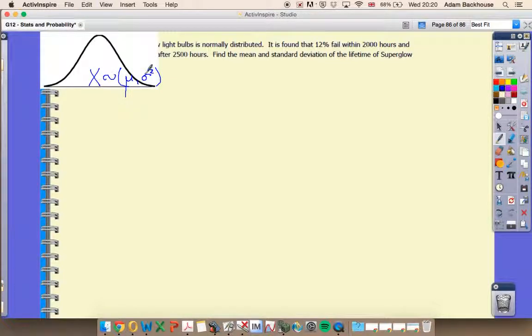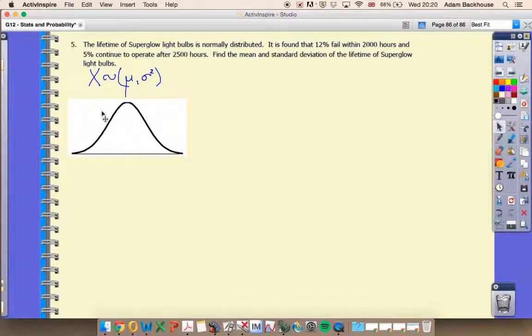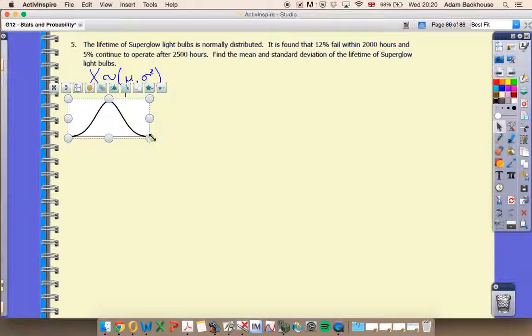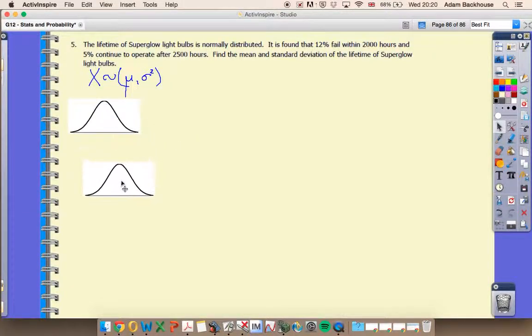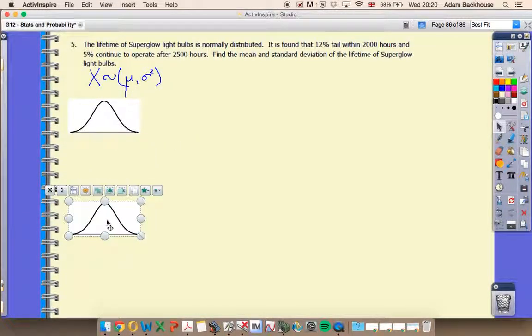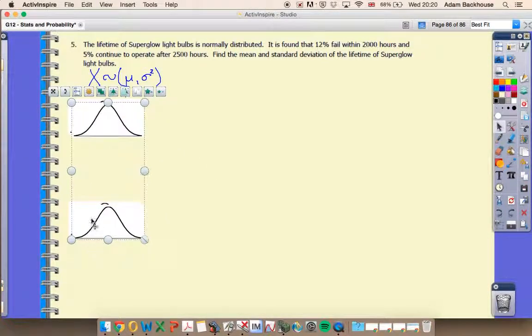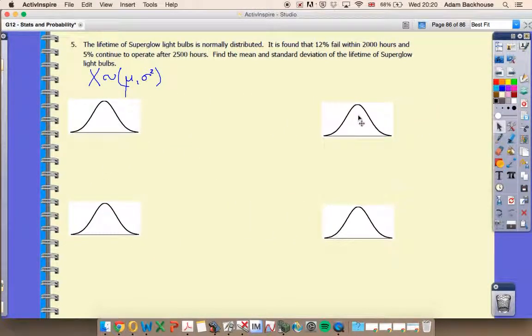I'm going to have to use that trick from question 3, where we think about our regular problem, and then we also think about the z-scores that go with it, and I'm going to have to do that twice. So I'm going to think about the problem as it is, and then I'm going to think about the z-scores.